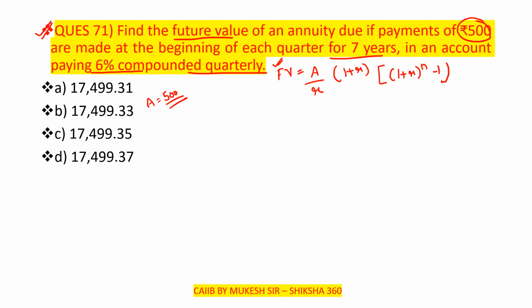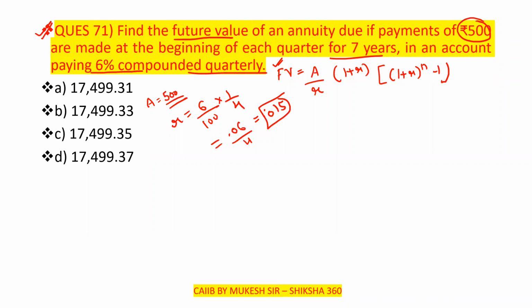R we have to calculate: in an account paying 6% compounded quarterly, R is 6 upon 100 into 1 upon 4, so R is 0.06 upon 4. It comes out to 0.015. So this is the value of R.